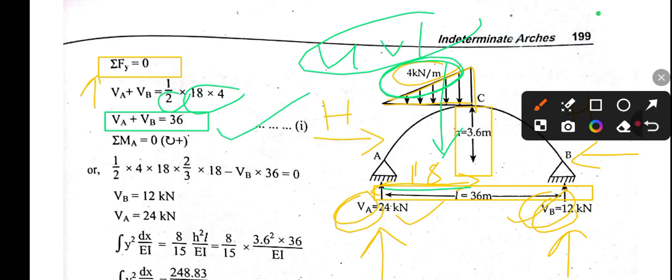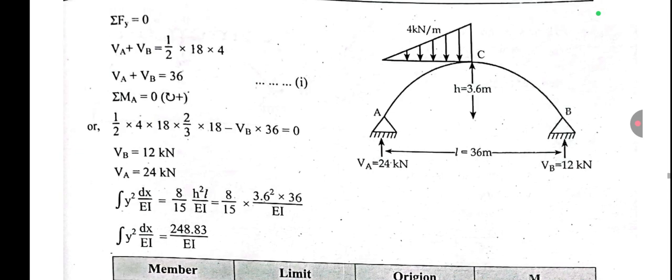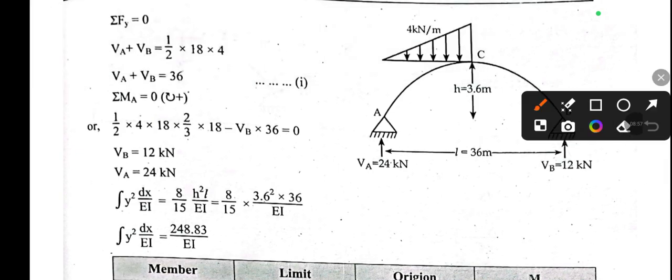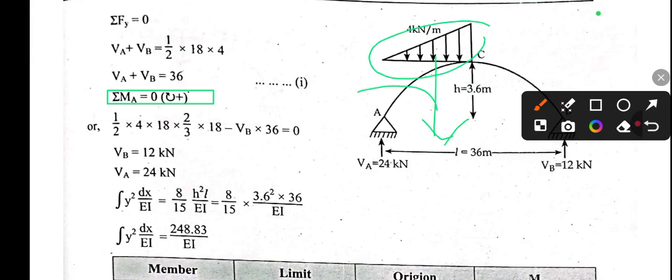Now we have to take the moment at A. You can take moment about B also. Now summation of moment about A equals 0. So in this case, you can see this load is acting here, it means clockwise, so it is taken positive.